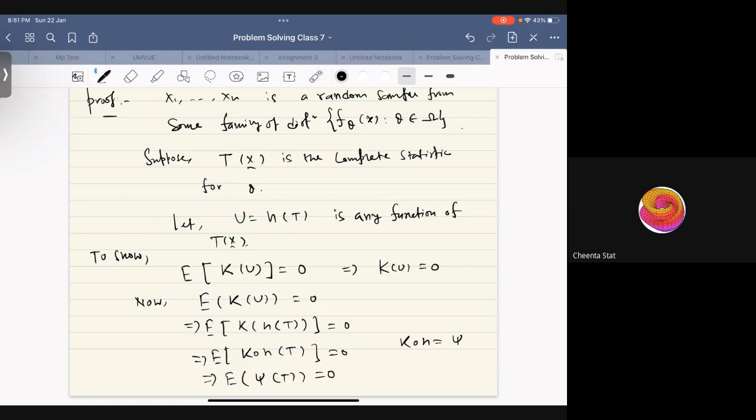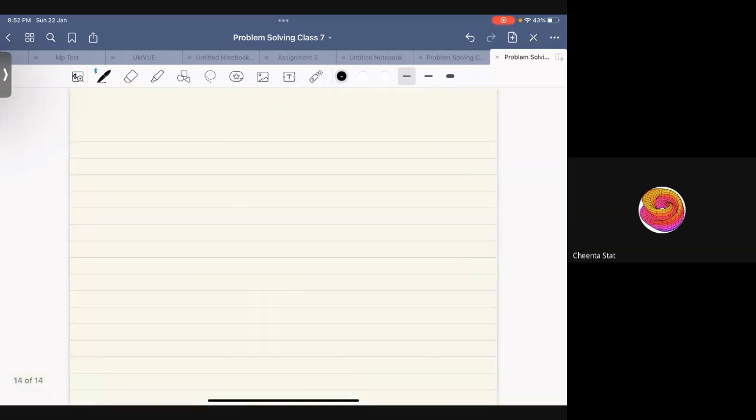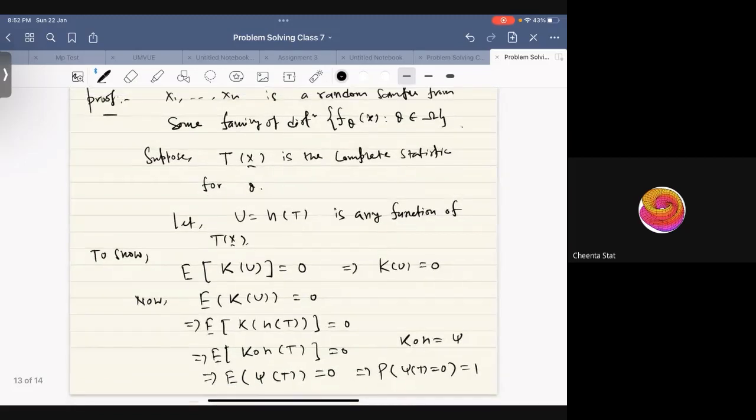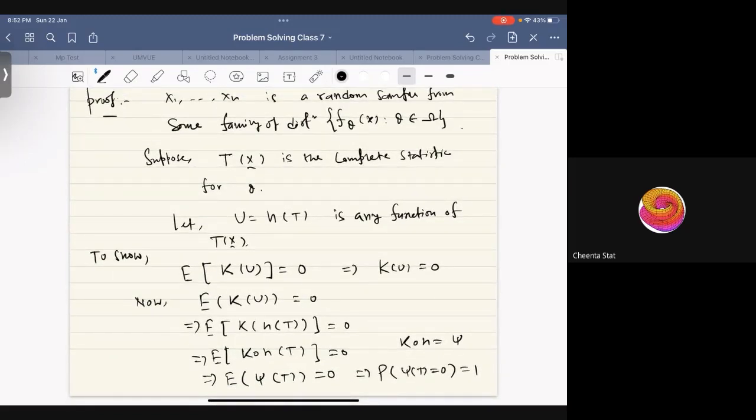Now you get the idea, right? That is a function of T. You know that T is a complete statistic for theta, so expectation of psi(T), any function of T, equal to 0 will imply psi(T) equal to 0 with probability 1. So probability psi(T) equal to 0 equals 1, right? So psi(T) equal to 0 means... oh wait, I am making a mistake here.